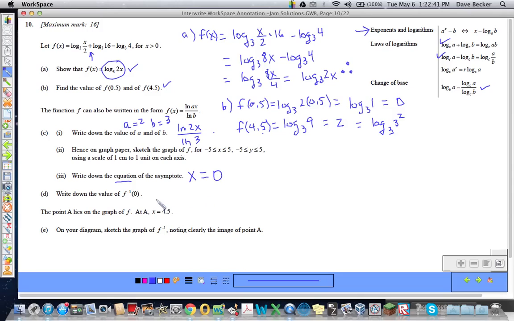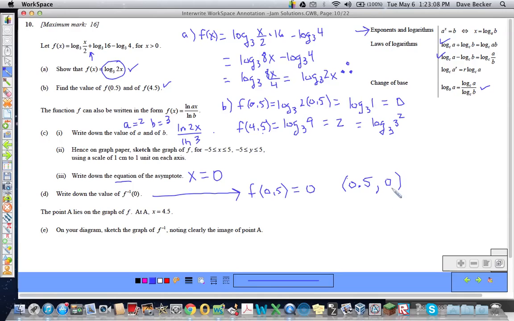Okay? Write down the value for the inverse of 0. Now this is interesting. We know that f of 0.5 equals 0 from what we did right here. So that means I have the ordered pair for the function: when x is 0.5, f of x is 0.